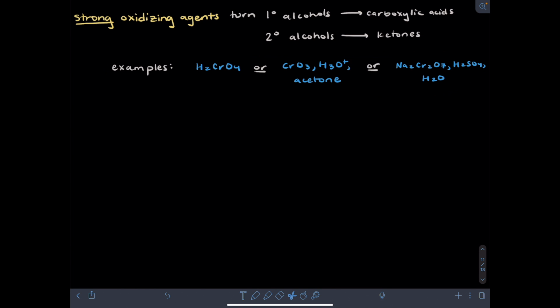Some examples of strong oxidants that you'll see are chromic acid, H2CrO4, or 2 different chromium reagents, CrO3 with H3O+ and acetone, or Na2Cr2O7, sulfuric acid, and water.